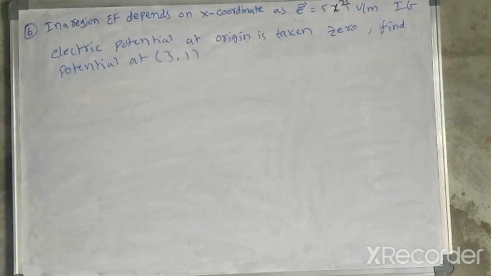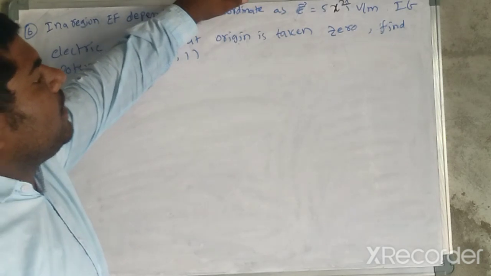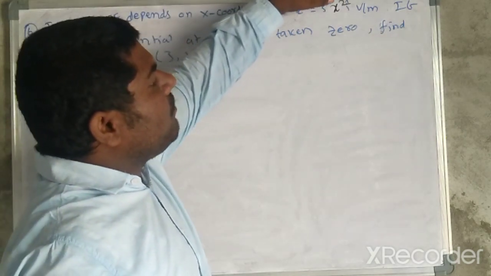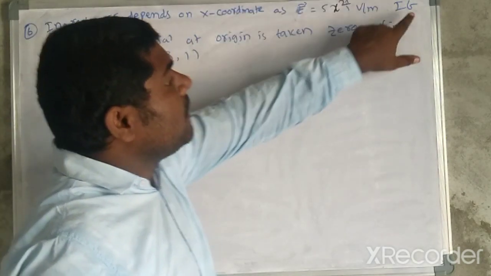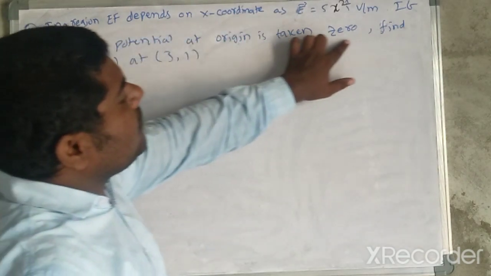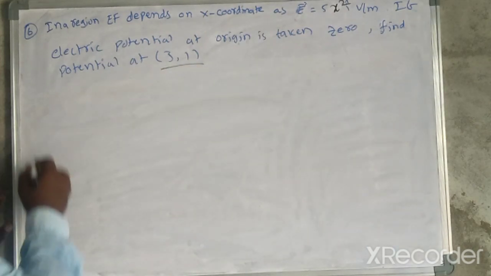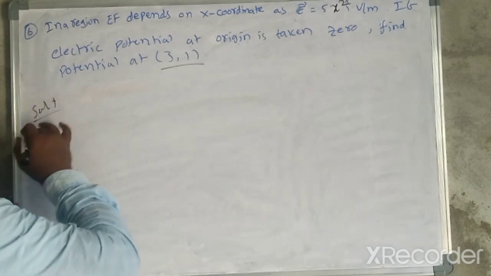So another model: in a region the electric field depends on the x coordinate as E = 5x square i cap volt per meter. If the electric potential at the origin is taken as 0, find the potential at (3, 1). So, solution.